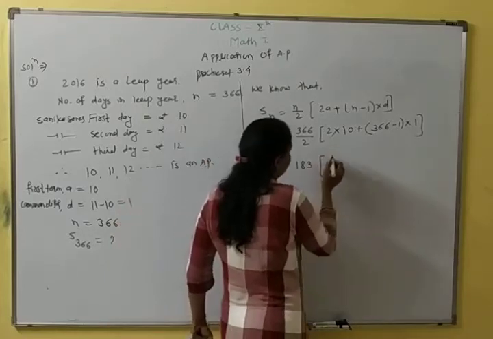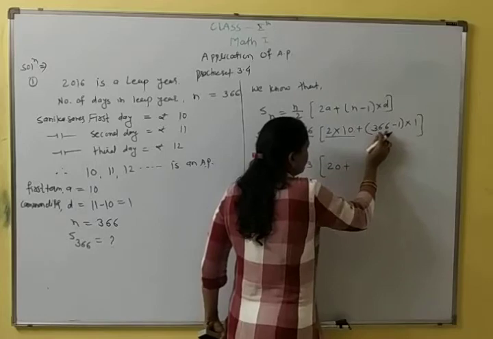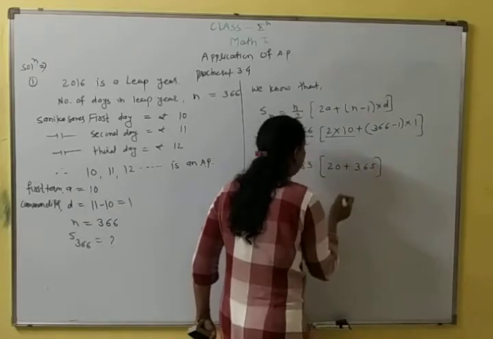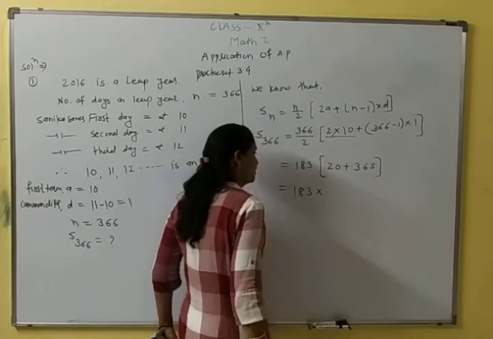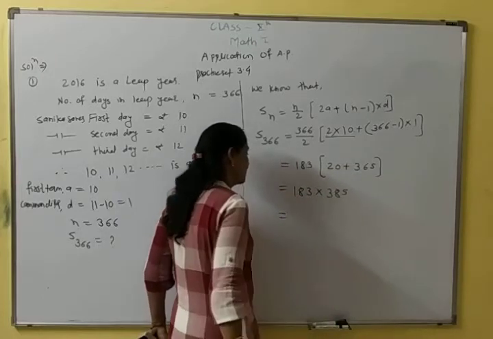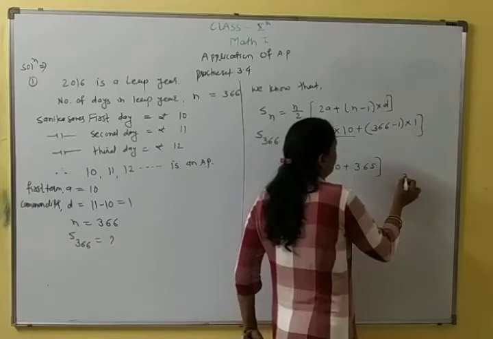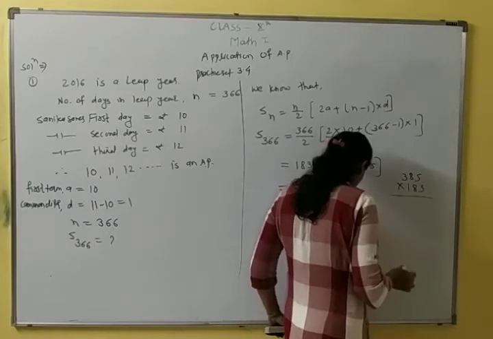In the bracket, 2 into 10 is 20, plus 366 minus 1, which is 365 into 1, so 365. Here 183 into 20 plus 365, that is 385, and 183 into 385. So 385 into 183. Solve this.